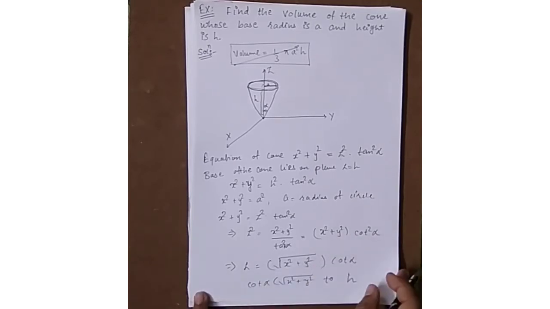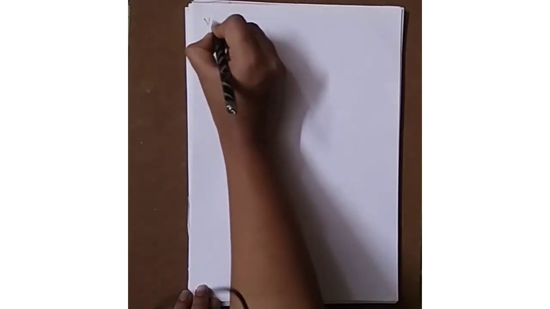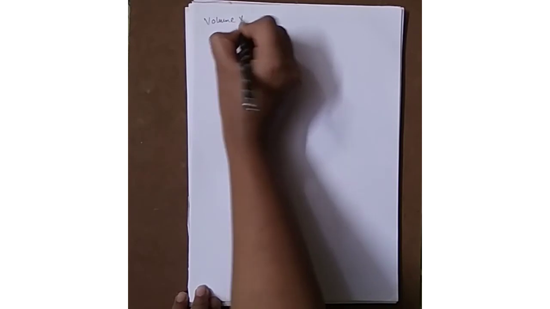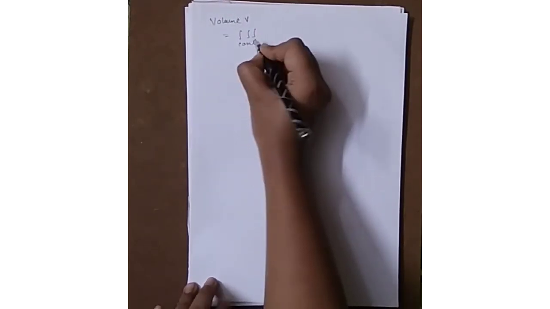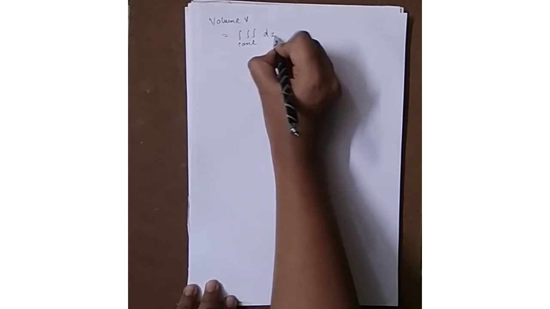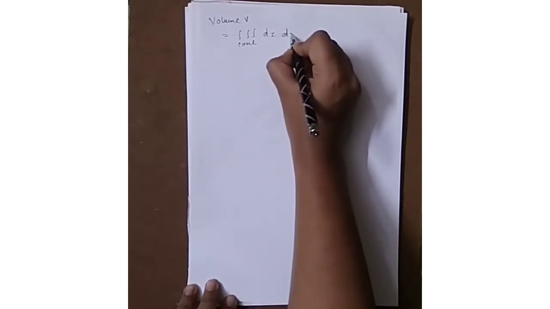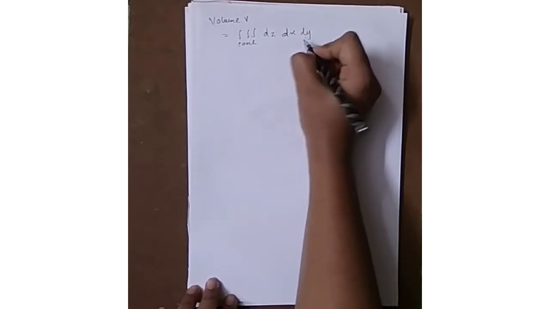So the required volume V is equal to the triple integration of the constant dz, dx and dy.